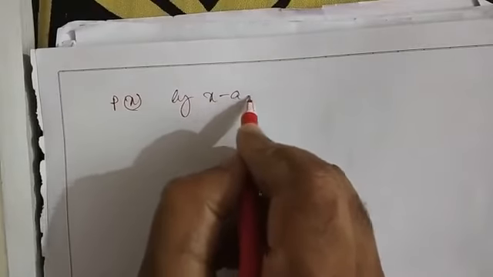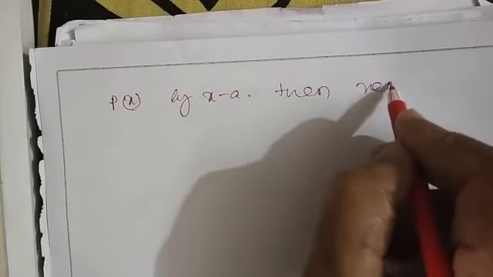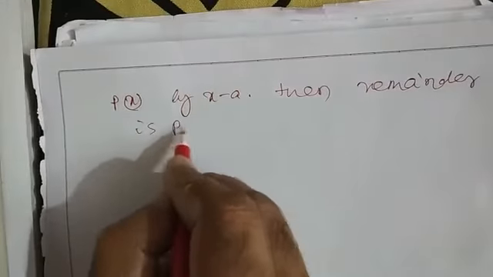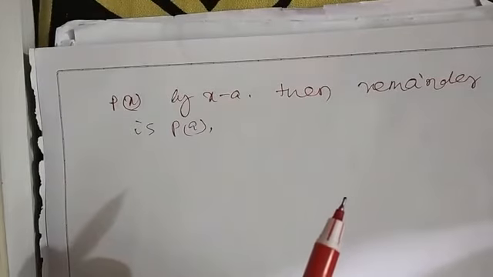If I divide a polynomial p(x) by x minus a, then the remainder is p(a). That thing you know in your class 9.